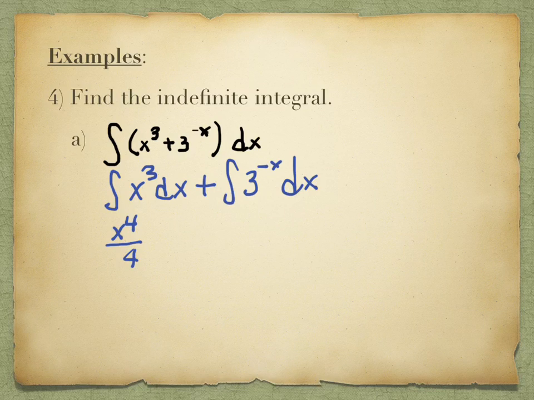No problem, right? The second piece, however, does not simply look like 3 to the x. It's 3 to the negative x, okay? So technically, we actually have a u substitution going on here. Let me do it over on the side here.